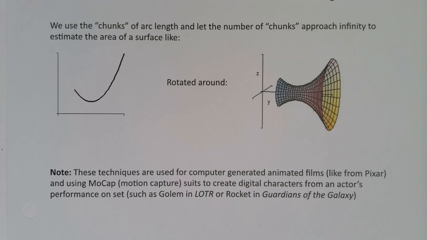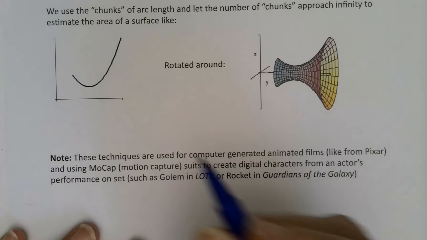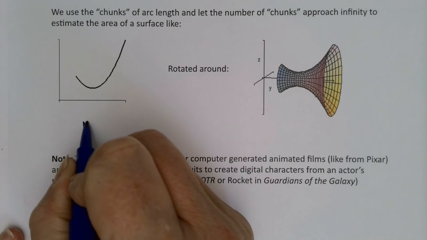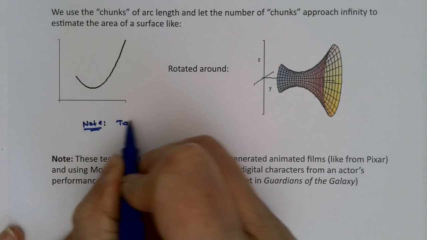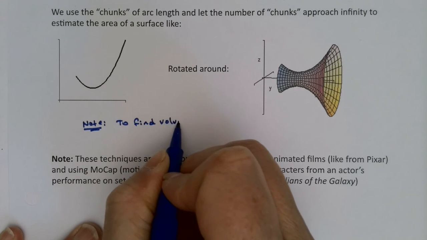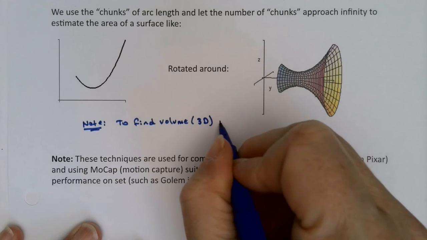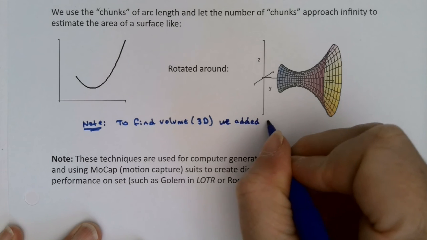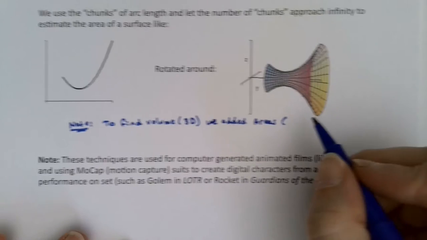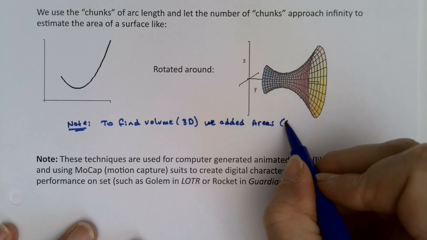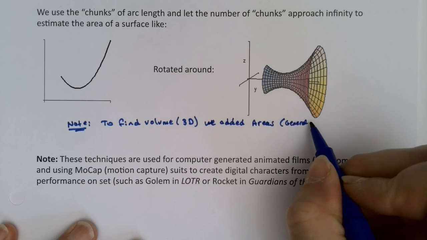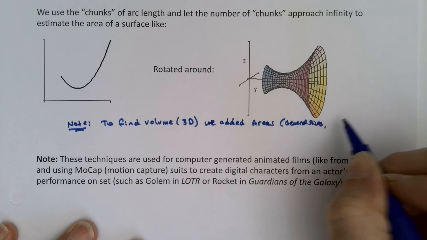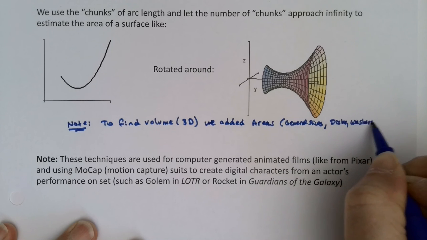All right, so now let's talk about what we were doing. What we want to do is take our arc length and rotate it around. So note, to find volume, which is a 3D thing, we added areas. Now we did it with general slices, because not everything was perfectly cylindrical: discs, washers, or cylinder shells.